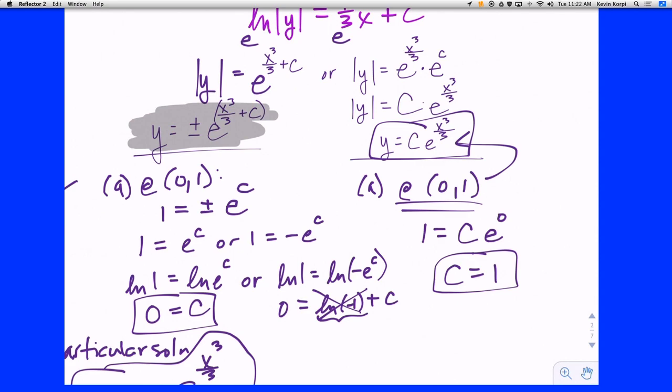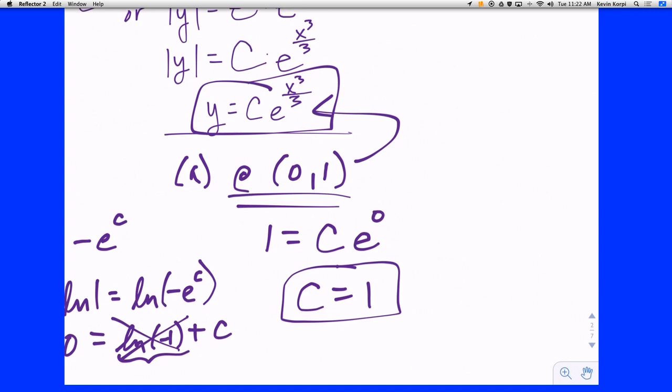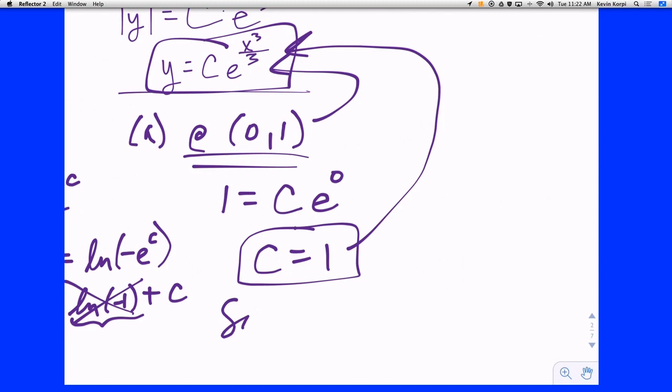And that's why it's important. Once you get to your general form, you're locked in on that. You might get a different value of c. But when you plug it back into your locked-in form that you used to find your c, you'll get an equivalent answer. Now notice this takes all the ambiguity out of it because I get c equals 1. And when I plug it in there, I get y equals what?